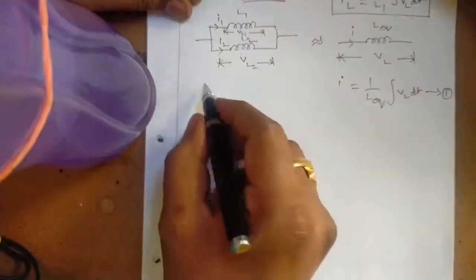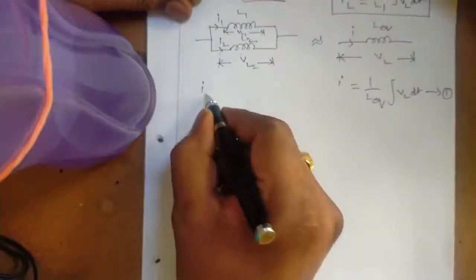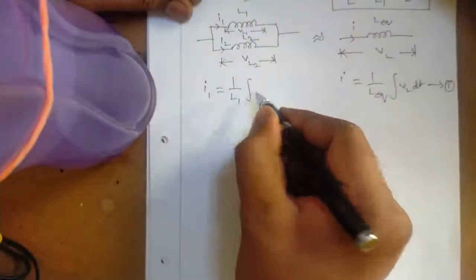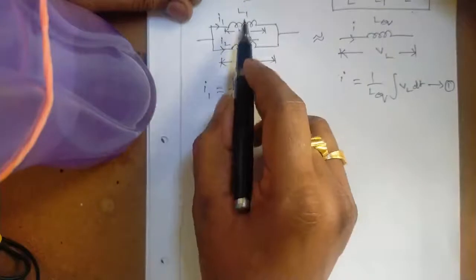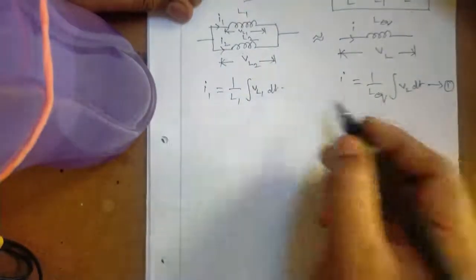Similarly, the current passing through the inductor L1, that is I1, is equal to 1 by L1 integral of the voltage across this inductor L1, VL1 dt.